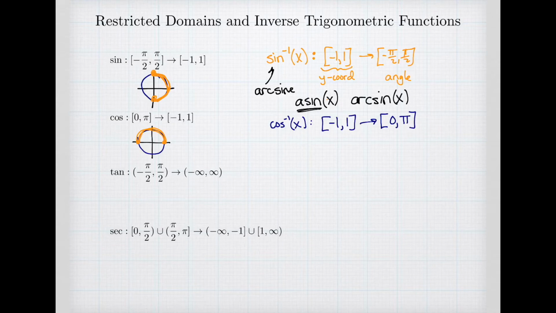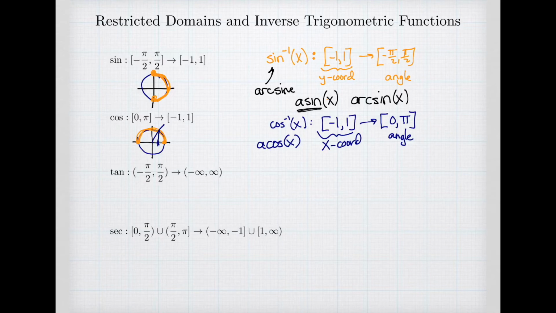Again, it takes an x-coordinate on the unit circle. For example, I might start with an x-coordinate, and the arc cosine gives me back the angle between 0 and pi that gives me that x-coordinate. Again, the arc cosine is the same function as the inverse cosine function.